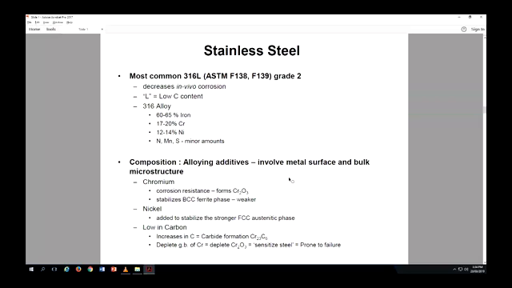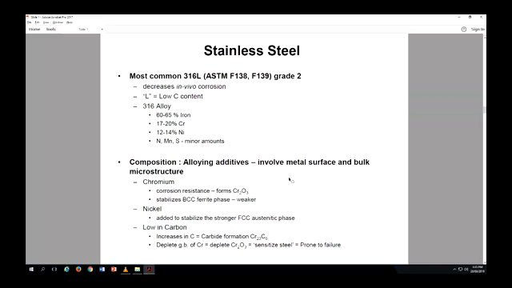But interestingly, if you have a BCC structure and you add nickel, it's going to stabilize the FCC structure, so you will have a stronger crystal. This happens for other metals as well: the alloys will have different structures, and the way the main iron is sitting around the crystal is very important.